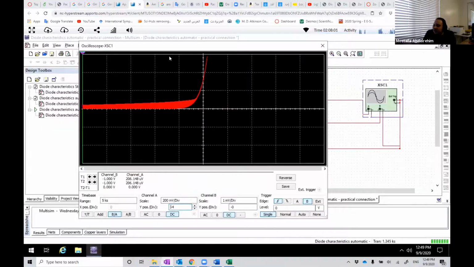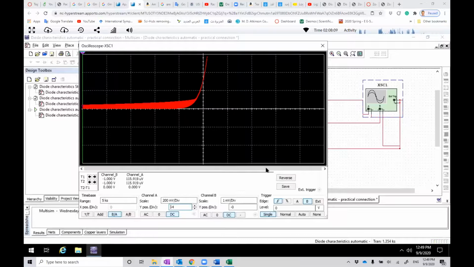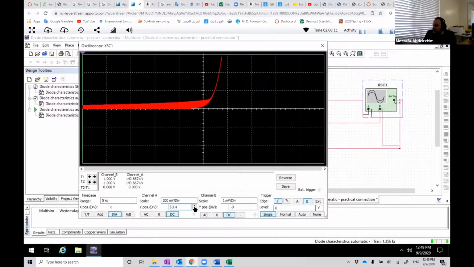So this is basically, as you see my screen, right? The oscilloscope screen, right? Good. So this is actually the original plot that I have, for experiment number 3.